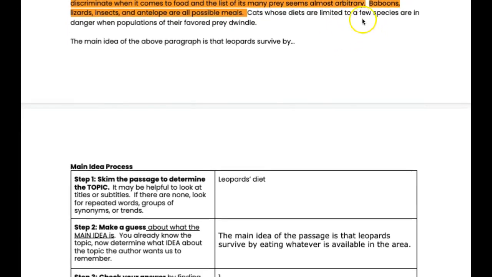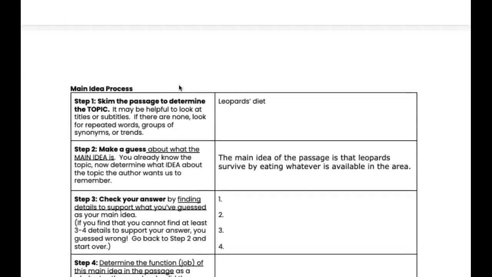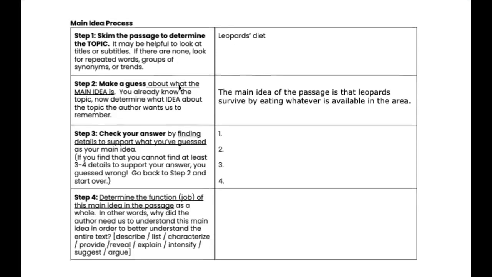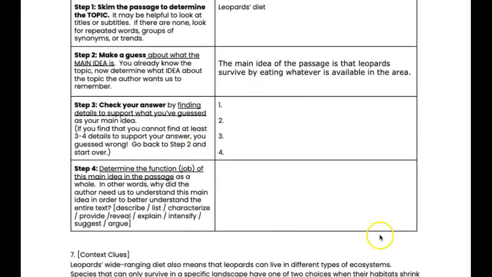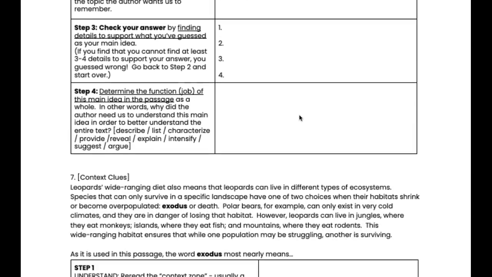And then this last line where it lists all the different animals the leopard is willing to eat and states that these are all possible meals. So I've found at least 3, I think 4 details that prove my main idea, so I'm good to go. Again, don't really worry about completing step 4 for the time being. Just worry about getting yourself to step 3 and you'll be good to go here.